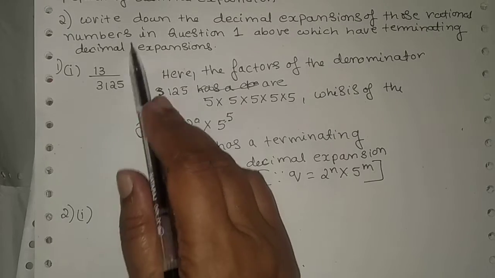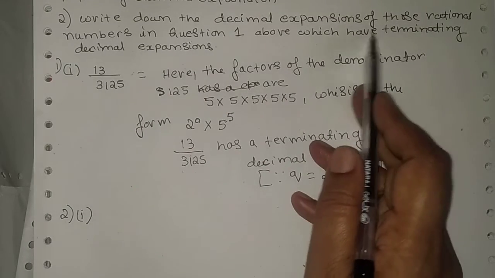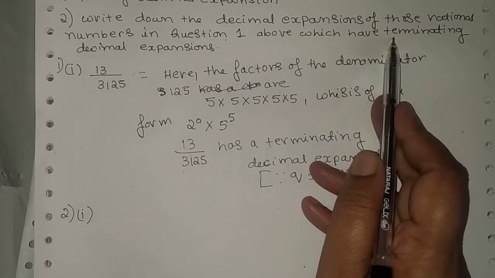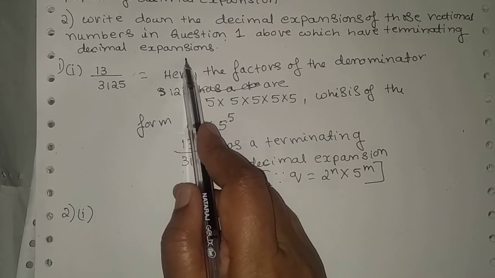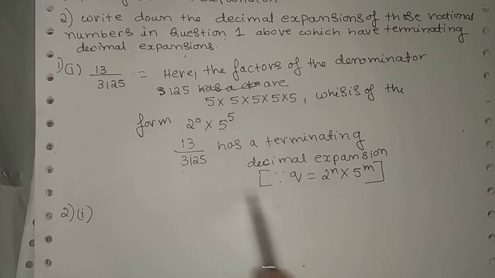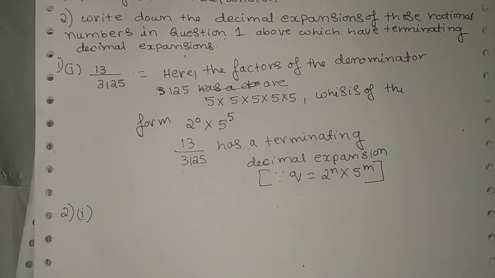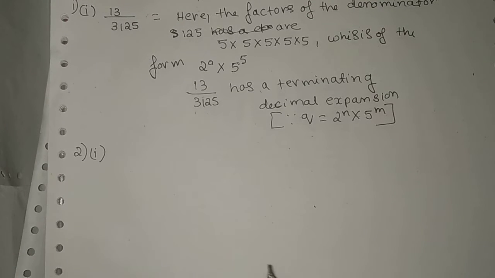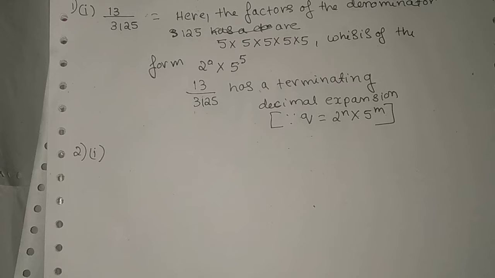In the second question: write down the decimal expansion of those rational numbers in question 1 above which have terminating decimal expansion. So we have to continue with the question that has a terminating decimal expansion. This we have done in the previous class.